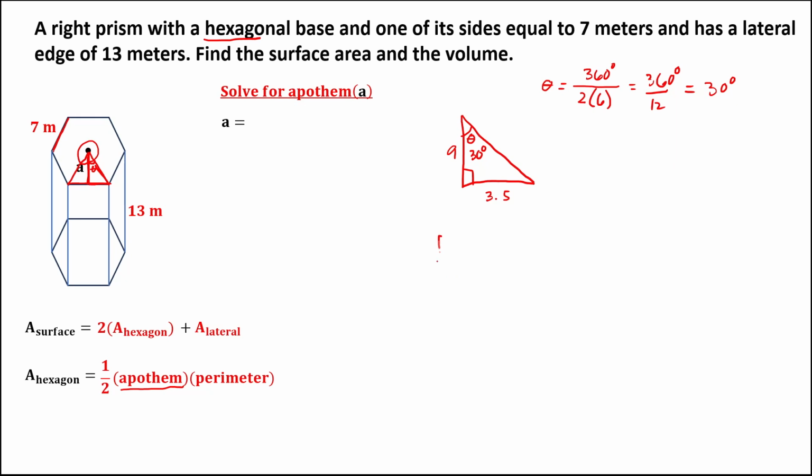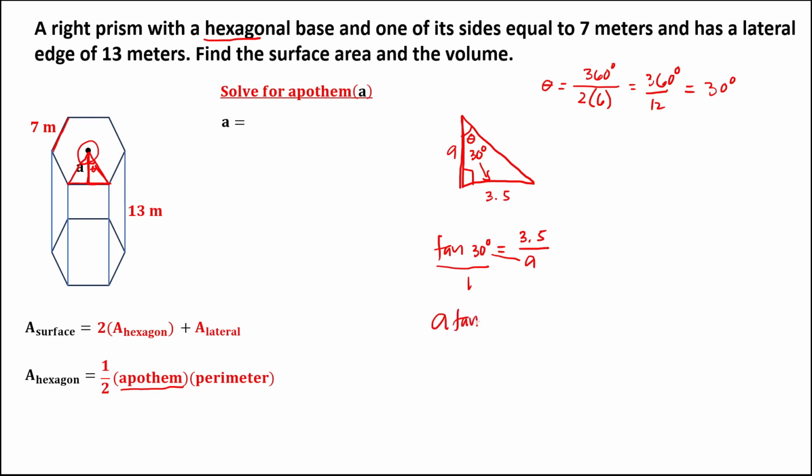Then using tangent theta, or tangent 30 degrees, tangent because the given is the opposite and the adjacent, so opposite over the adjacent, that's tangent. So the opposite is 3.5, over the adjacent, which is the apothem. Then to solve for a, cross multiply.